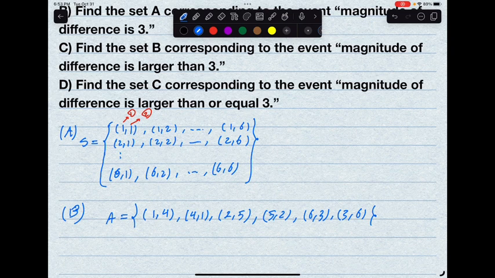So what about part C? Part C of the question asks for an event B, which corresponds to the event that the magnitude of the difference is larger than 3. Okay, not even equal, larger than 3. So it can be, when we have 1 for the first die, not 4, but it can be 5, and also 5 1.